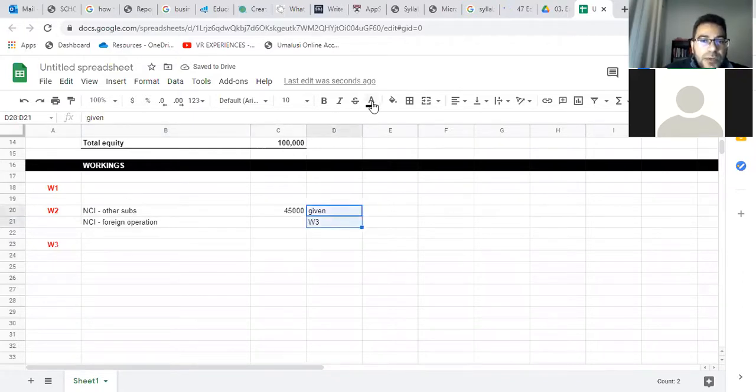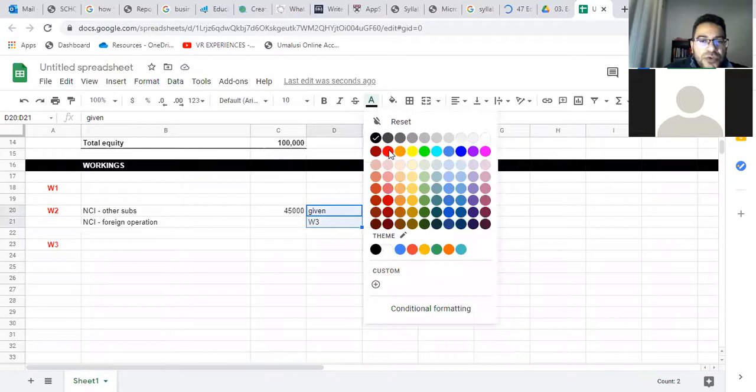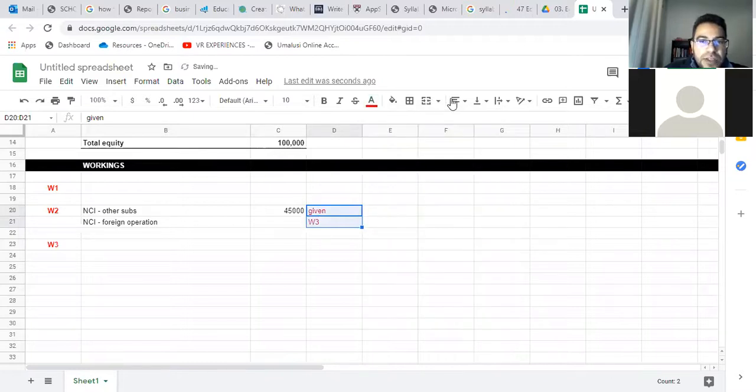The way we're going to deal with working three is by doing an analysis of equity. So analysis of equity is not that complicated because it's only 1 year. We acquired the sub in the current financial year. So we're only going to have at acquisition. There's going to be no since acquisition, and then there's going to be current year.